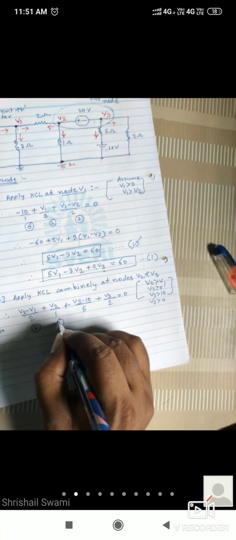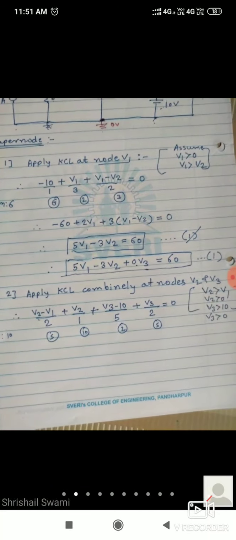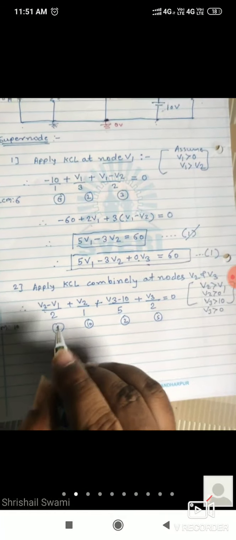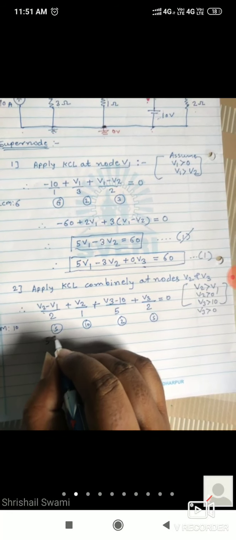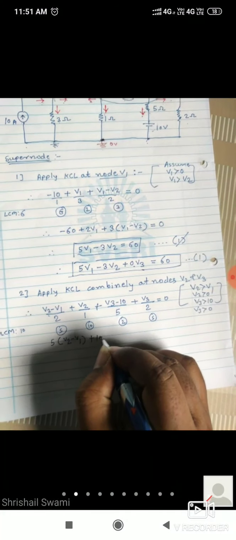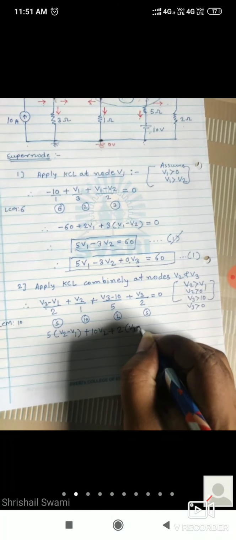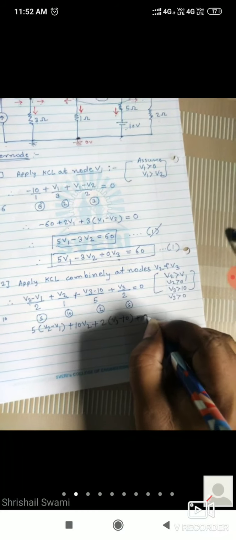So mark the LCM. So 5 into this bracket, 5 V2 minus V1 plus 10 into V2 plus 2 into V3 minus 10 plus 5 into V3. So divided by 10 goes to the right hand side, becomes 0.